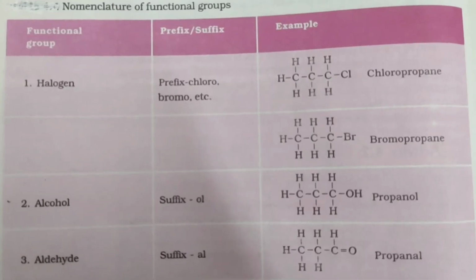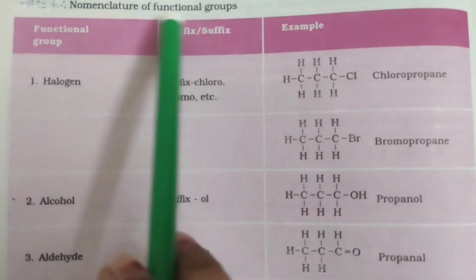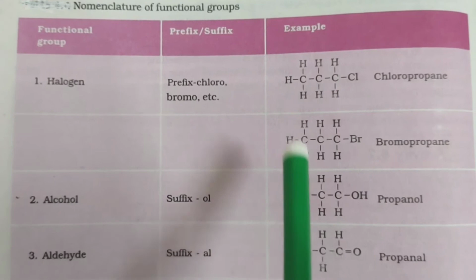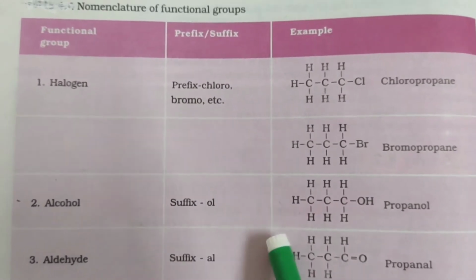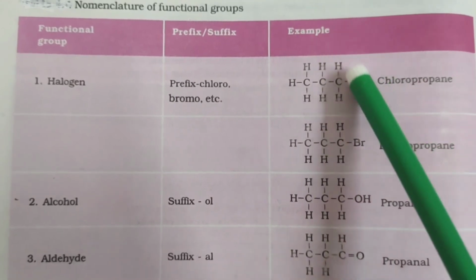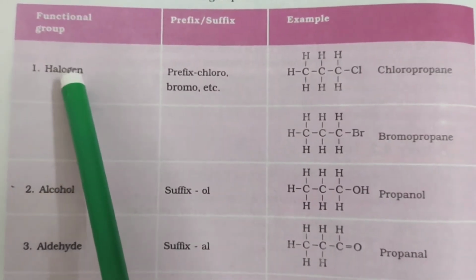Now we'll see the nomenclature of functional groups. In this column there are functional groups, prefixes or suffixes which we use to name the compound, and the example of the compound. So halogens.